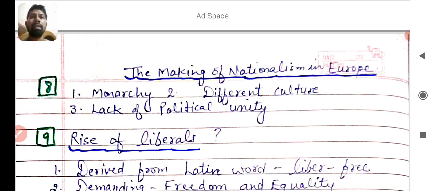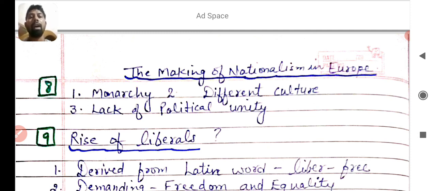That's why people were increasing nationalism in Europe and unitizing themselves. Next is a lack of political unity. It means political rulers were not making unity or making good rule in Europe. I hope you learned 2-3 points easily about why nationalism in Europe.